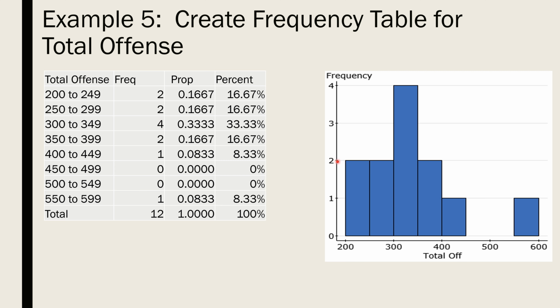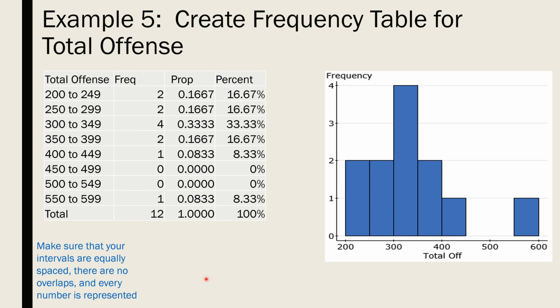The height of each bar is controlled by the frequency in the contingency table. Please make sure that your intervals are equally spaced, there are no overlaps, and every number is represented.